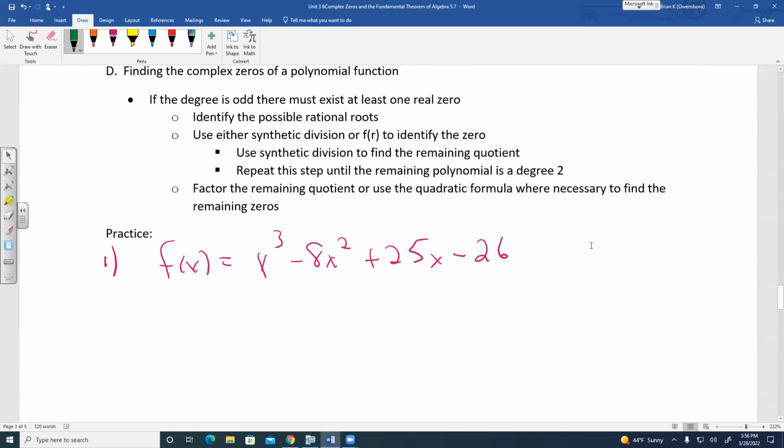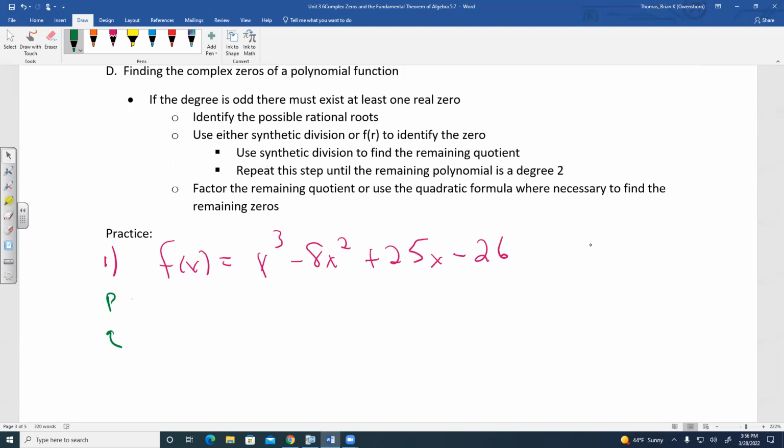So notice how this polynomial is a degree 3. That means it has to have at least one real zero. So what we can do to start with is identify the rational roots. So remember, that's where we have to identify this p over q. Well, p is the factors of this negative 26.